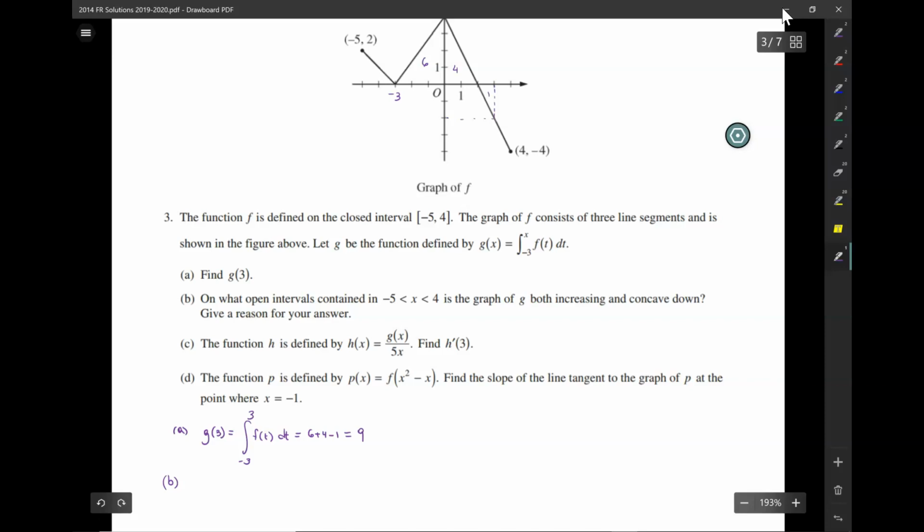B. On what open intervals from -5 to 4, so the whole thing, is the graph of G both increasing and concave down, right? G is increasing when G prime is greater than 0, correct?